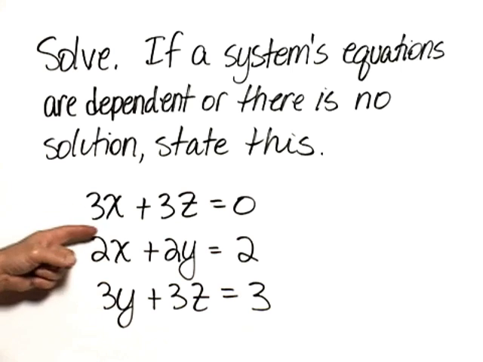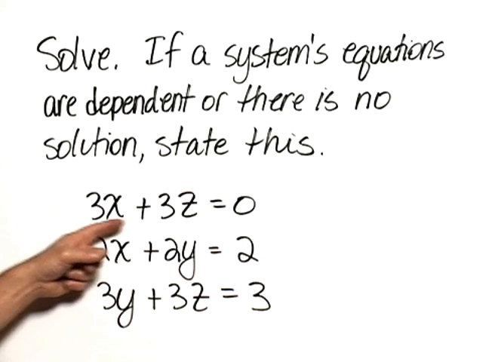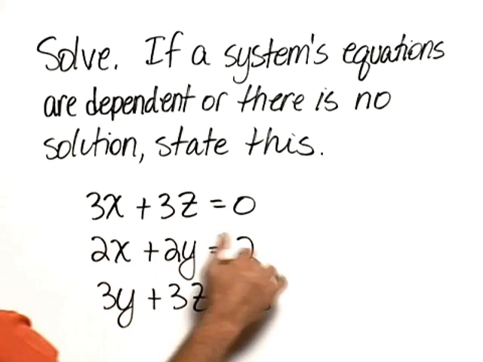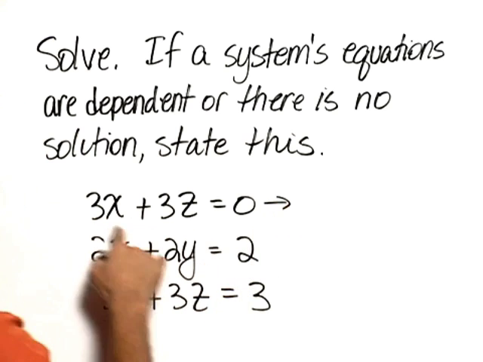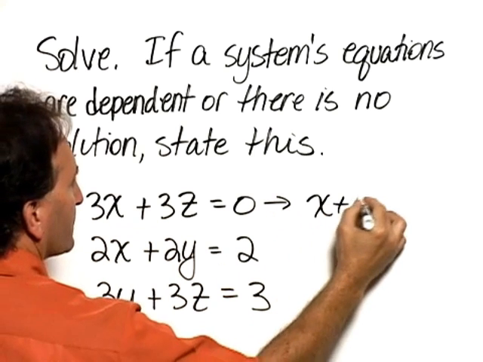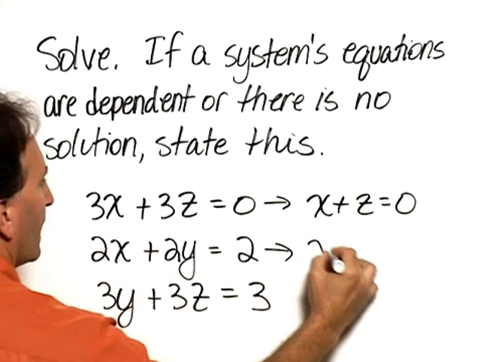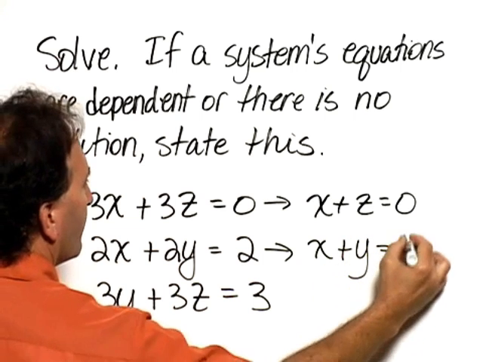What I want you to notice is that we can simplify this equation by dividing both sides by 3. And it would then be written as x plus z equals 0. This equation we can divide both sides by 2, and it would become x plus y equals 1.